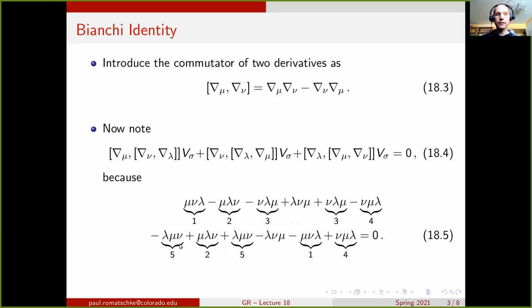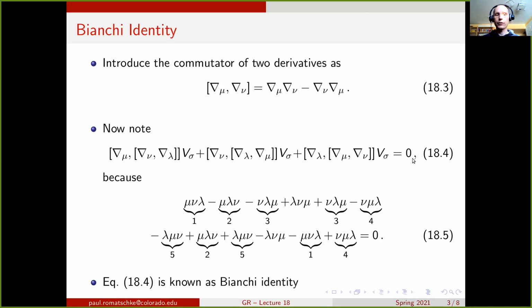And indeed, there is a term mu, lambda, nu, which has the opposite sign. So these two terms cancel. Next, lambda, nu, lambda, mu, which cancels against this term here, and so on and so forth. You can verify that indeed all these combinations just cancel each other and you get 0, proving the statement that this combination of structures just vanishes.